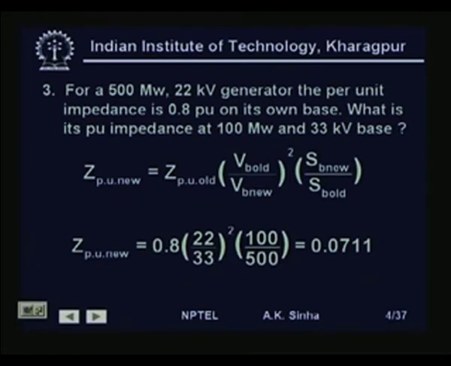Substituting these values, we get Z per unit at the new base of 100 megawatt and 33 kV as 0.8 into 22 by 33 whole square multiplied by 100 by 500, which will come out to be equal to 0.0711 per unit.